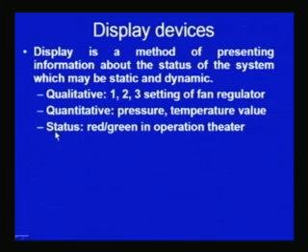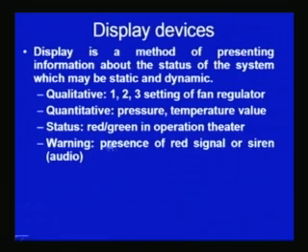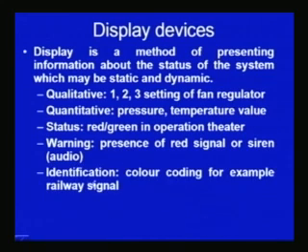The status of the system can be shown by display devices in the form of red or green signals in the operation theater, where red indicates that the operation is going on, and a warning is indicated by the presence of a red signal or some sort of siren.